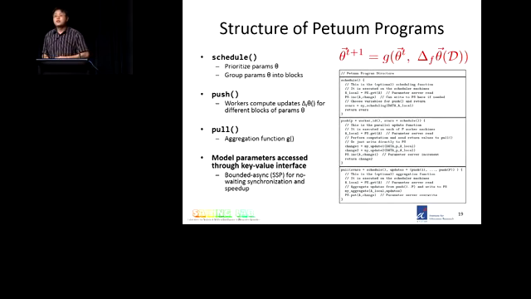Push and pull are similar to a MapReduce system, where push is roughly equivalent to map, and pull is roughly equivalent to reduce. The key difference between our system and MapReduce-like systems is that the model parameters are made globally accessible through the Bosen key-value interface, which employs the bounded asynchronous consistency models for basically asynchronous-like performance and speedup.